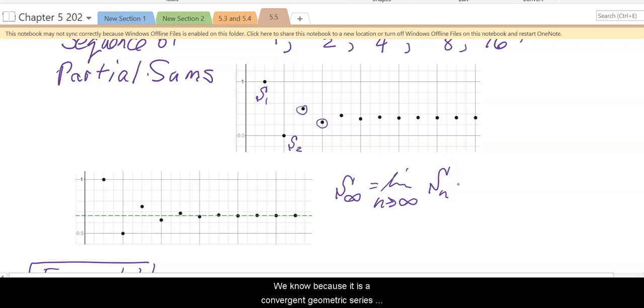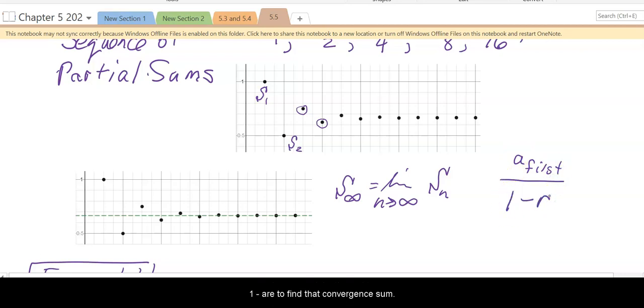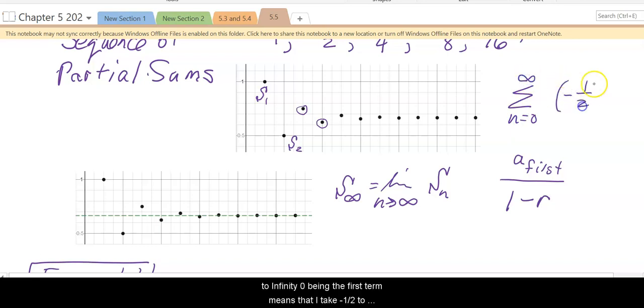We know because it is a convergent geometric series that we could take the first term in the series and divide by 1 minus r to find that convergent sum. A first is going to be the one I get when I start at 0 and go to infinity. 0 being the first term means that I take -1/2 to the 0, which means it's 1.